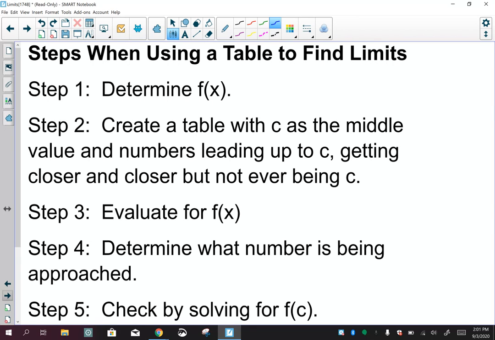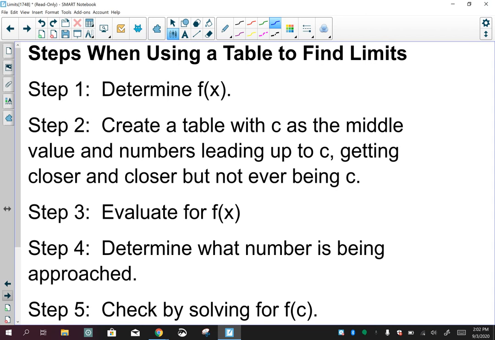The first thing you need to do is look at the limit and determine what your f of x is. The second thing you're going to need to do is create a table with the c value, so as x approaches c, as your middle value. Whatever your c value is, that's going to be the dead center of the table. And then you're going to find numbers. You are going to be the person who drives this.